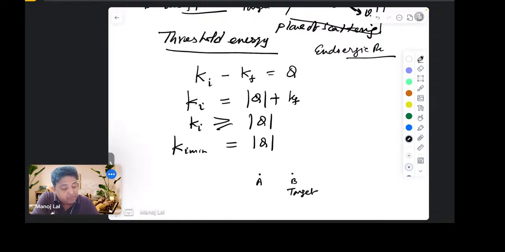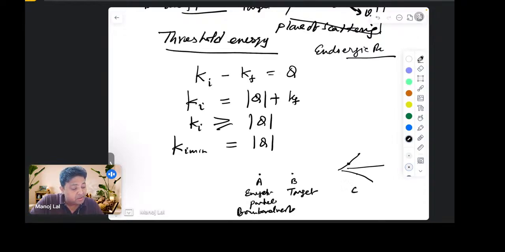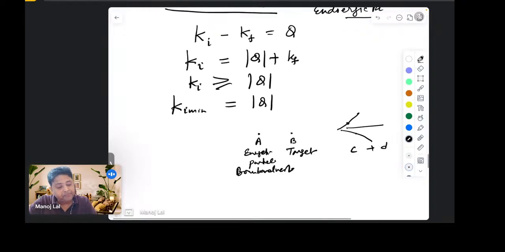And this is the energetic particle, basically the bombardment. Then A goes in, and after the collision, maybe we get some C or D, something like that. So in this reaction, A plus B goes to C plus D.